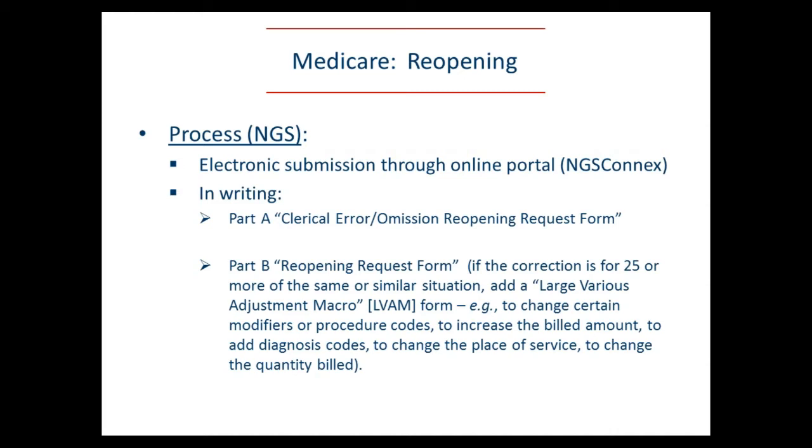So what are the mechanics? What's the process? Most of the callers on the phone today attending this webinar are from New York. I think we have some from Connecticut as well. The next few slides will be focusing on the reopening process for NGS, which is the Medicare administrative contractor, as you know, for both New York and Connecticut.